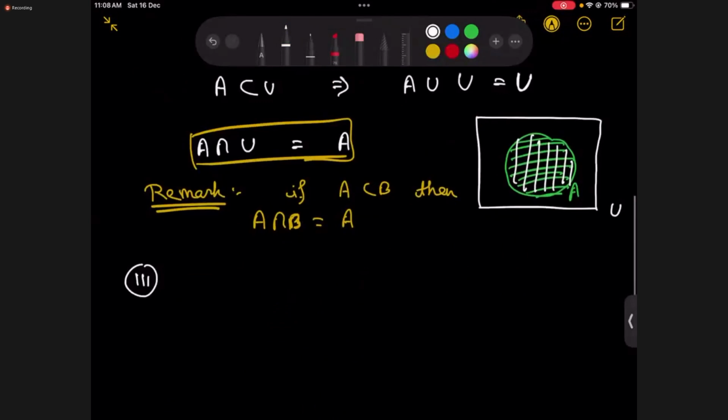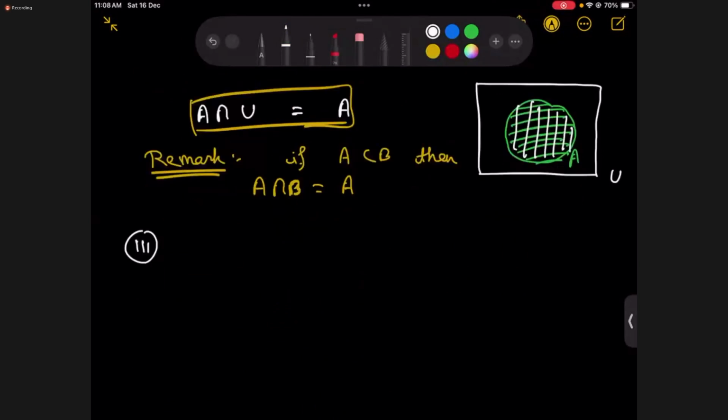Now what about phi? A union phi. That means we are taking the union with the empty set. By the definition of union, this is the collection of all elements which are either in A or phi. Now, what are the elements of phi?